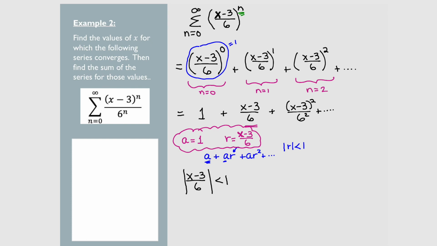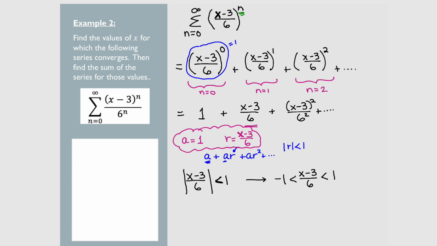And notice this now is coming into a concept from algebra. When I have an absolute value inequality, what I'm talking about is the distance from 0. And so what I'm saying is that this expression has to lie within 1 unit of 0 on the number line, which specifically means that (x minus 3) over 6 has to be a value in between 1 and negative 1.